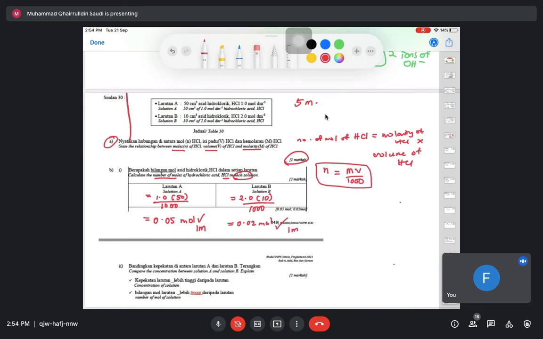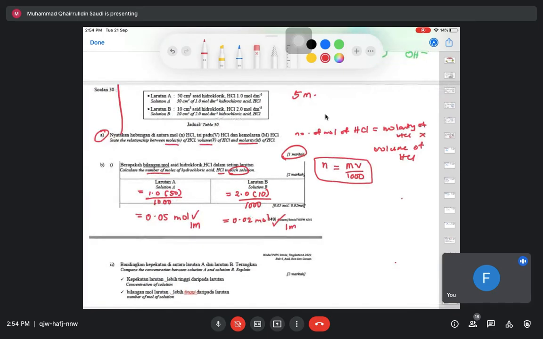So 2 marks there. Next one, compare the concentration between solution A and solution B and then explain. Compare ni 1 mark, explain another 1 mark sebab tu total is 2 mark. So the concentration, bagi tahu dulu lah, compare the concentration. Solution mana lebih tinggi daripada solution mana?